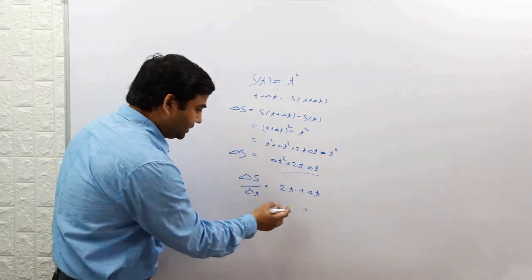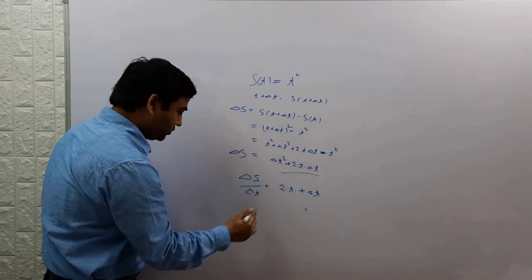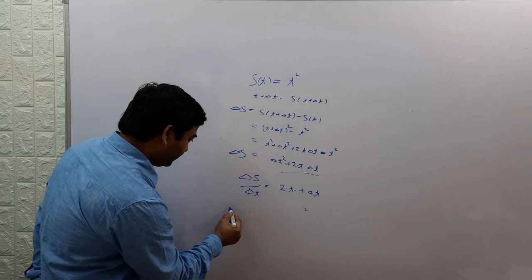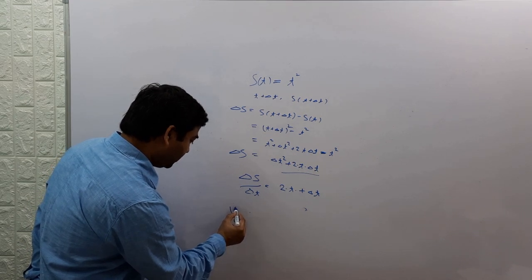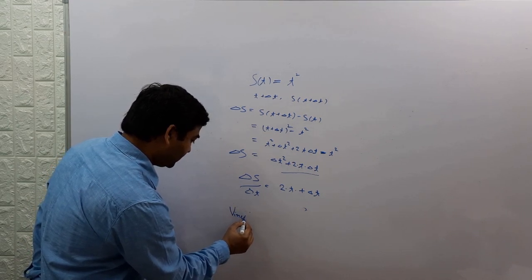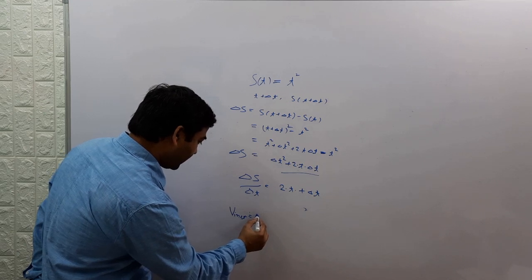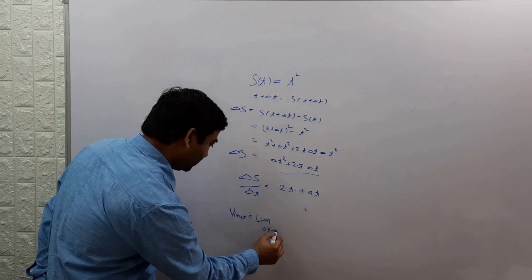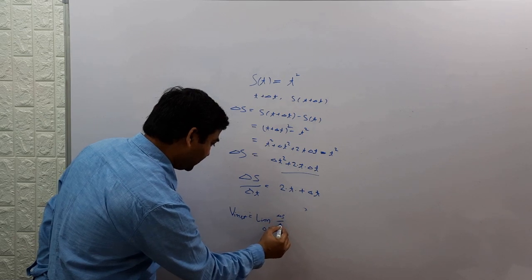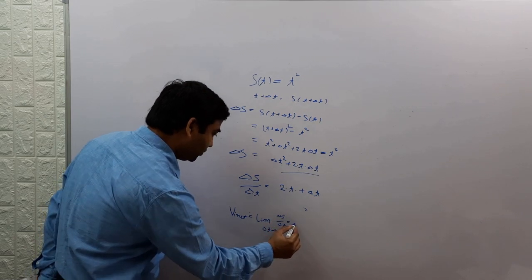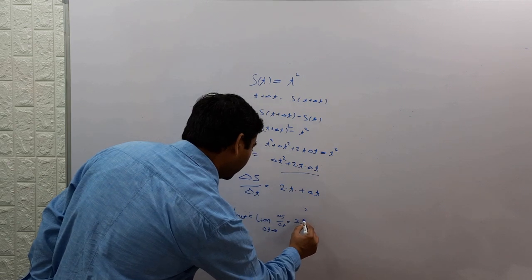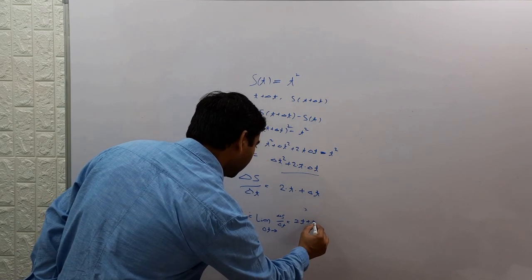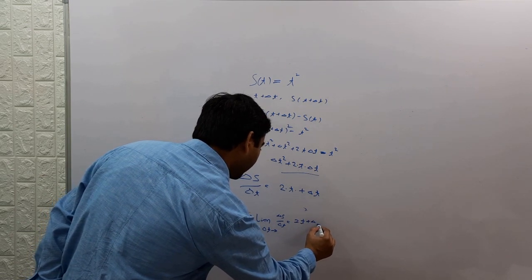So you can see, let us just complete it. Instantaneous velocity, v instantaneous, is equal to the limit as delta t tends to 0 of delta s by delta t, which is equal to 2t plus delta t.